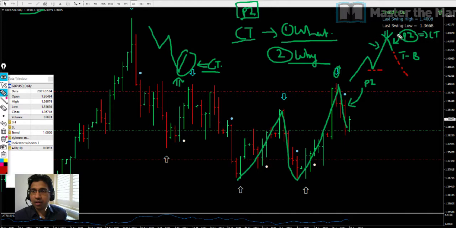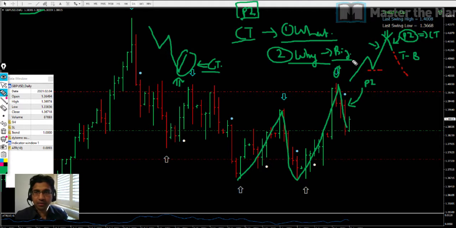Those are great long moves to capture when everyone didn't even expect it. So that is one reason why you can look to trade counter trend moves: to capture big, massive moves when no one is expecting it.